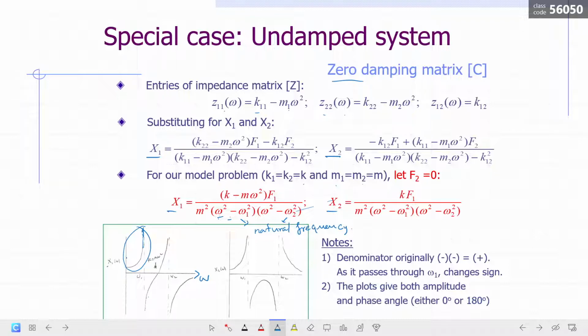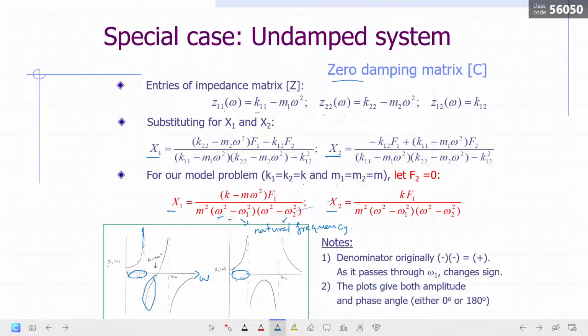On note number two, about the phase between H1 and H2: for omega in this zone, H1 and H2 are in the same phase.